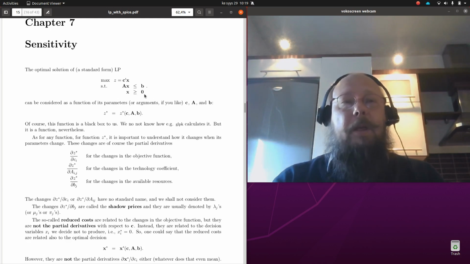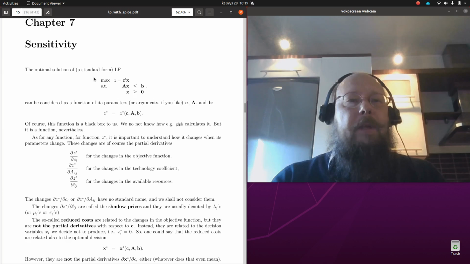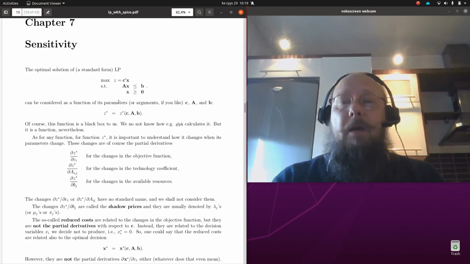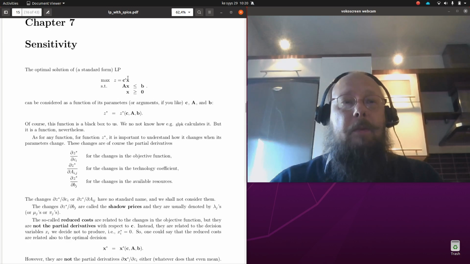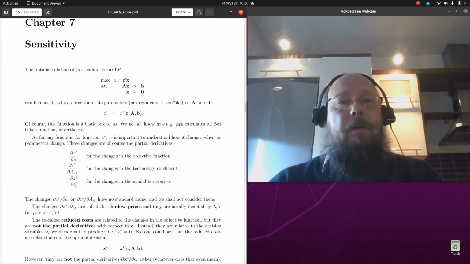All right. Now we can think of this LP problem, this maximization problem, as a function of its arguments. And now we are not thinking about x's. The x's are actually part of the solution. So this is z star, the optimal value, which is z star of c, A, and b.